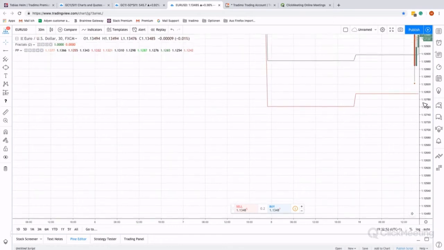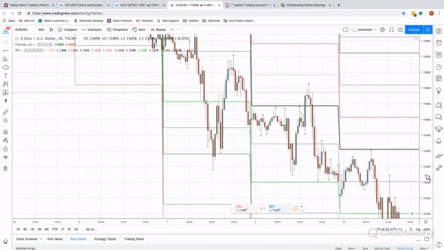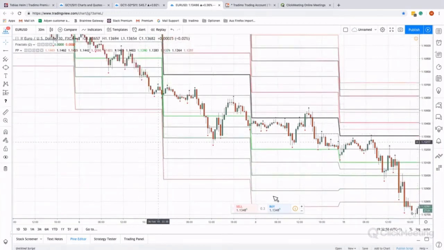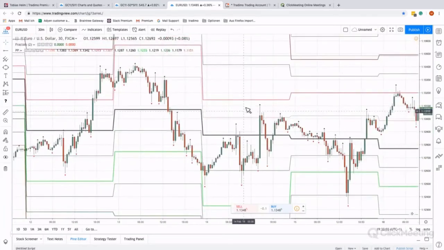Okay, you know it. I just need a stop from you guys. Okay, and another one to set a vertical line. Okay, here we are at this specific candle here.